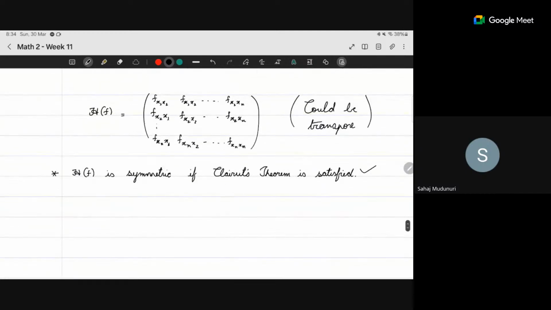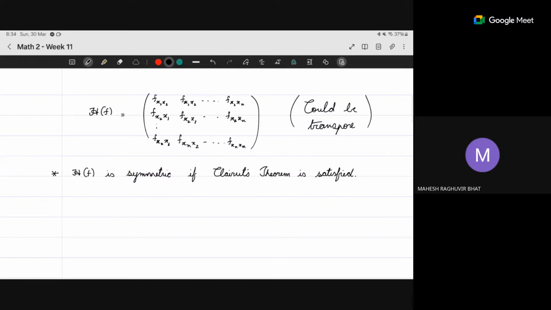Is this clear why this happens? If the theorem is not satisfied, then you have to be careful about whether it's a transpose or not.